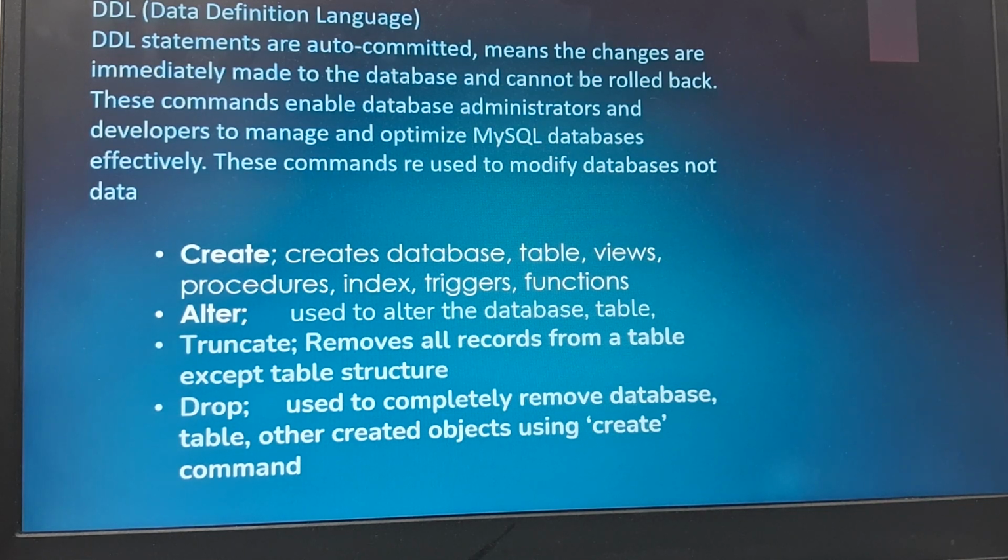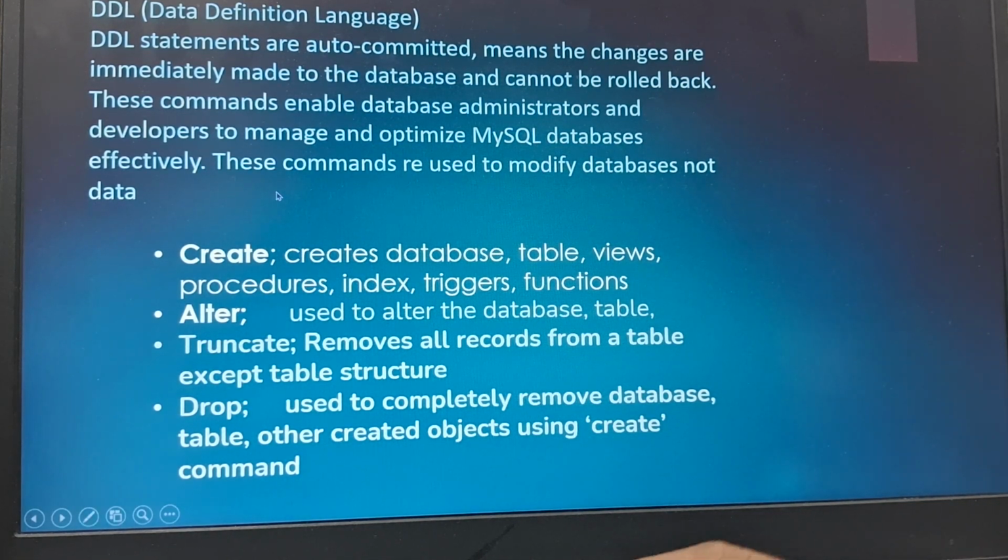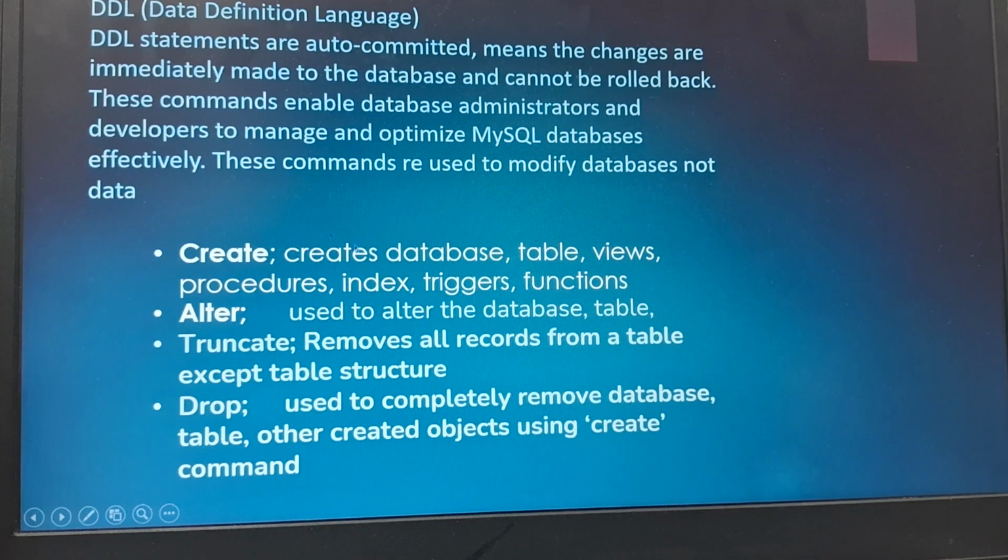These commands enable database administrators and developers to manage and optimize MySQL databases effectively. These commands are used to modify databases, not data. It means it will only make changes in the database, not in the fields or data. By data I mean records.